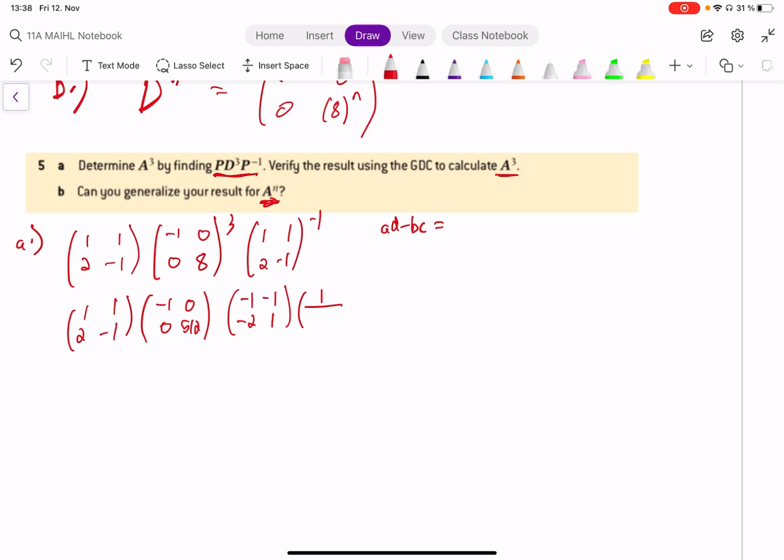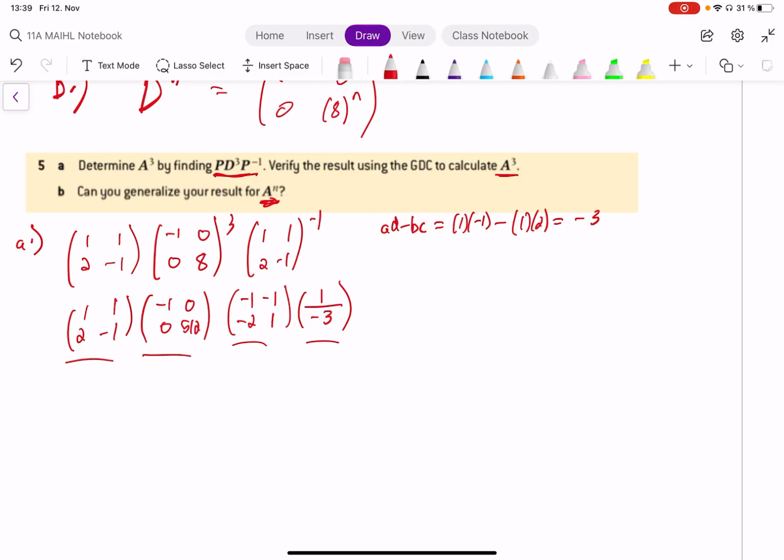The determinant of this one is 1 times negative 1 minus 1 times 2, which is negative 3. So 1 over negative 3 is this constant that I'm going to multiply that last thing by, and I can just leave it outside for now. So let's multiply this and this, and then multiply it by this, and then we can divide everything by negative 3.